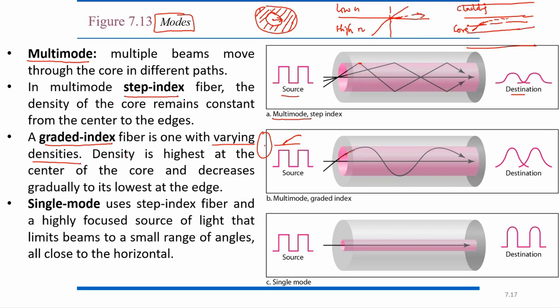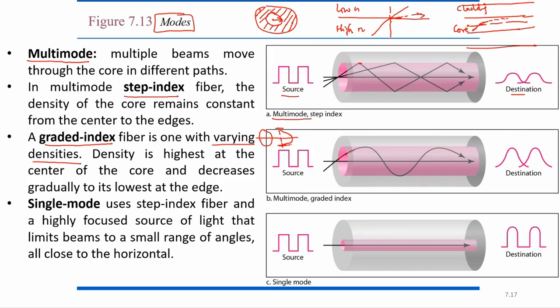So here, the density is highest at the center of the core, and it decreases gradually to its lowest at the edge. Suppose there is a core. At the center the refractive index will be high, and at the edge it will be low.